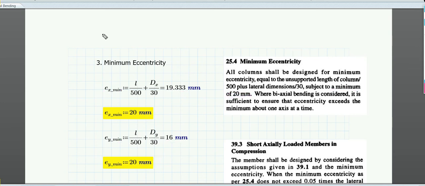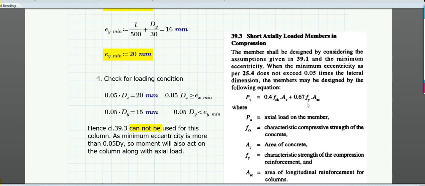Now we have to check whether this minimum eccentricity is less than or greater than 0.05 times the lateral dimension. That check will tell you whether you have to take the moment or not. So 0.05 times dx is coming to be 20, and 0.05 times dy is coming to 15.